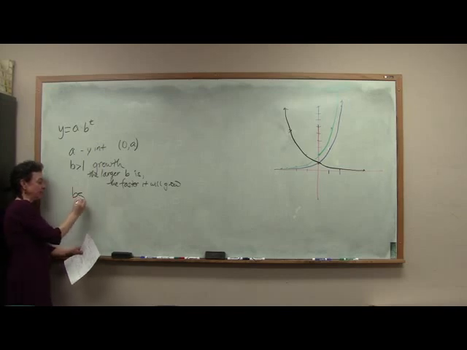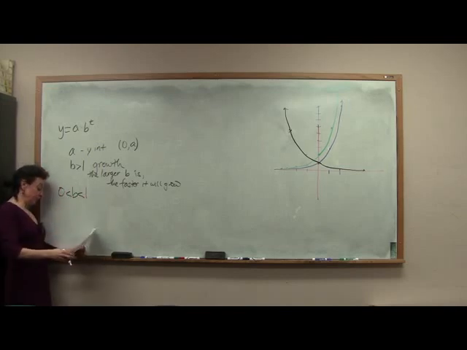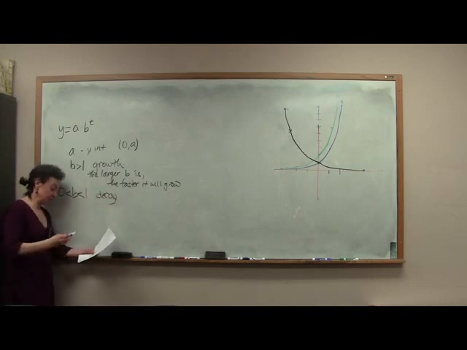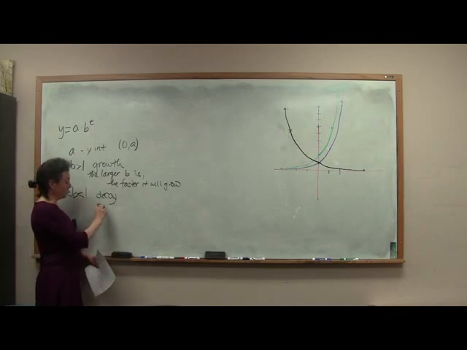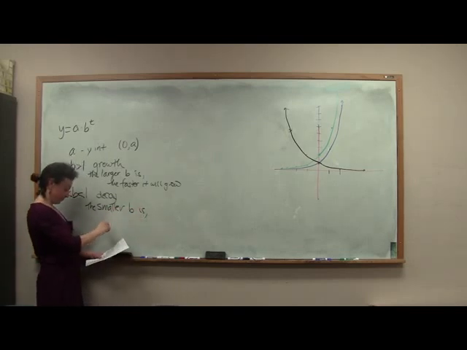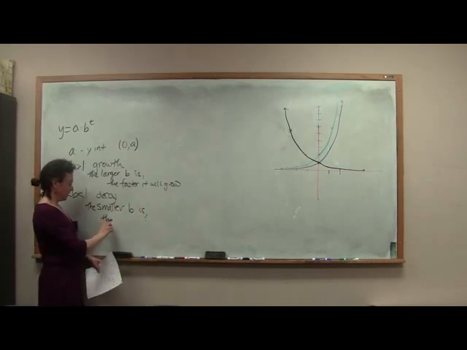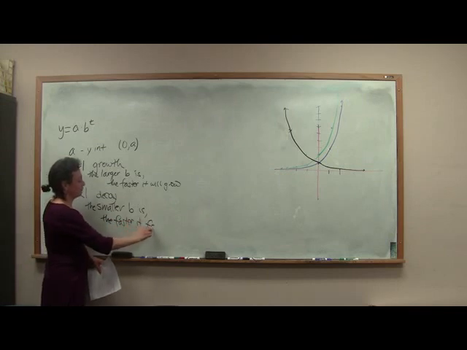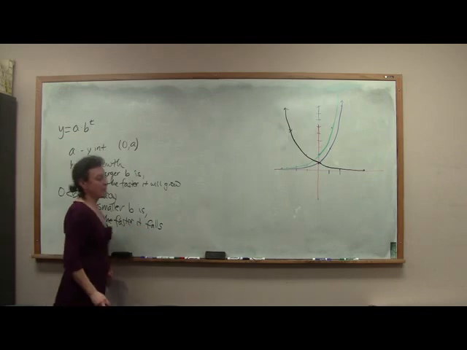And similarly, if B is between 0 and 1, we say it decays or it decreases. And the smaller B is, the faster it falls. Okay?